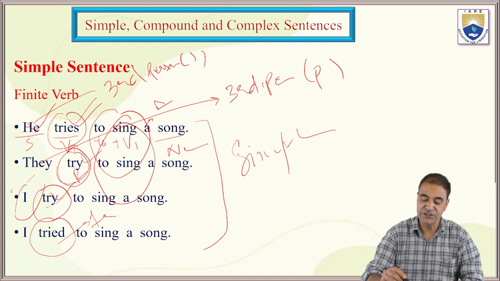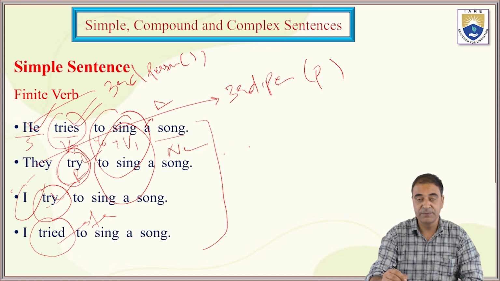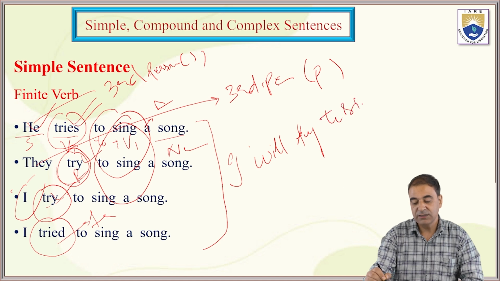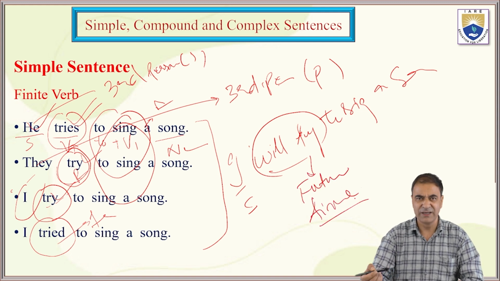For example, if I change the tense, and with the change of tense the verb changes, we call it a finite verb. Like, for example, if I write, I will try to sing a song. Again, this is the subject, will try shows the future time. Therefore, we can say it's a finite verb.